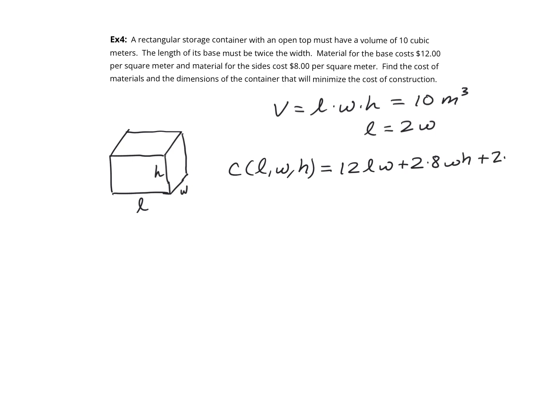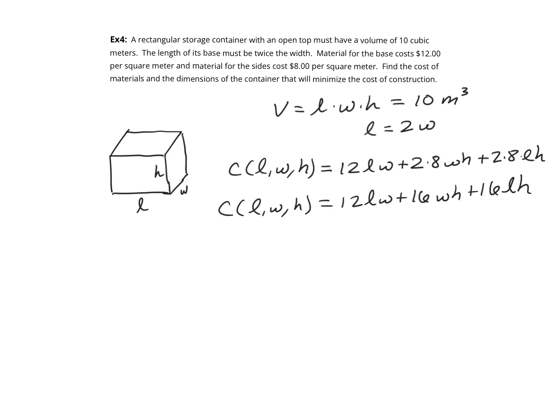There's 2 of them. It's 8, and then it's going to be L by H. So our cost function is 12LW plus 16WH plus 16LH.